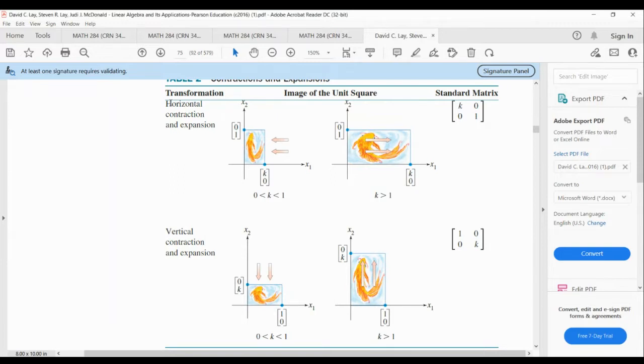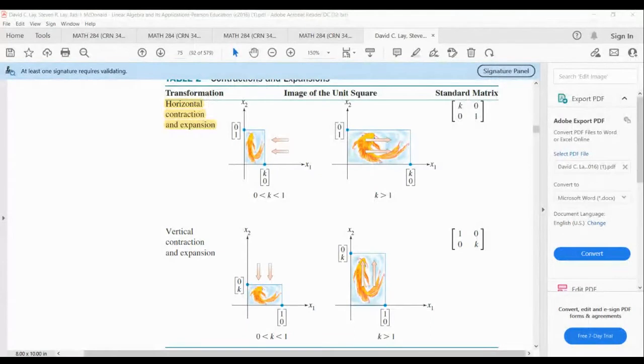For this example, horizontal contraction and expansion, what are they doing to the goldfish here? It looks like the goldfish in the first picture, is it getting thinner or fatter?